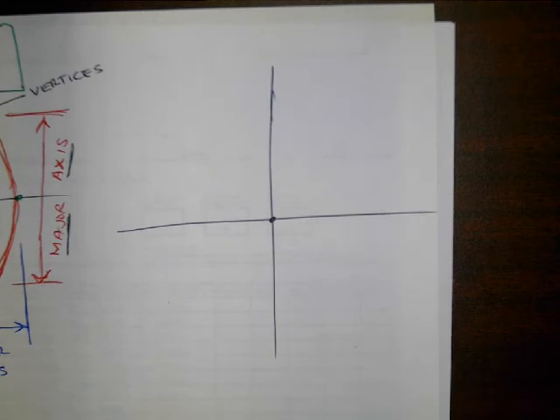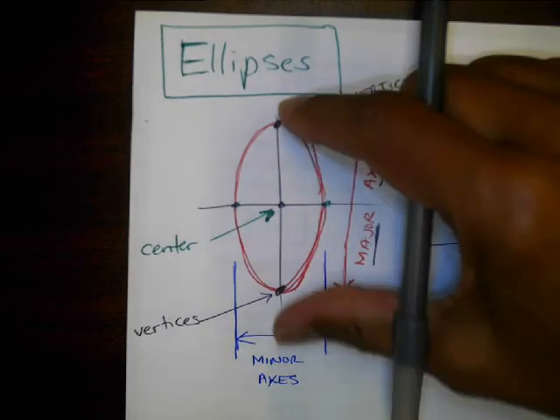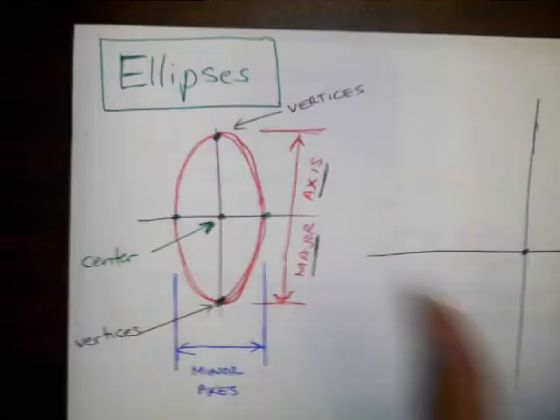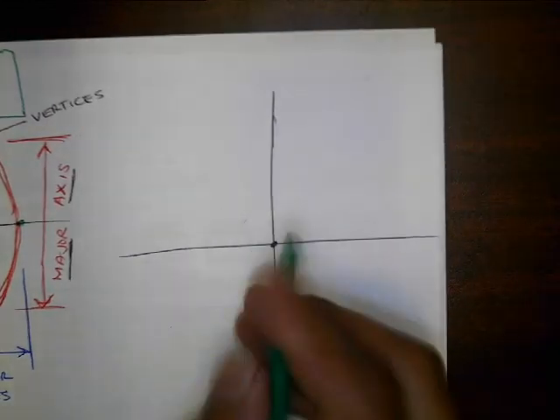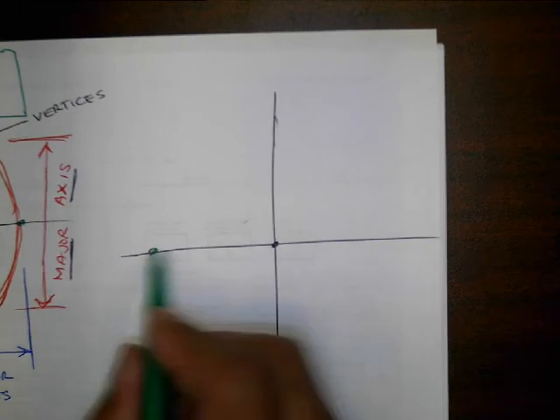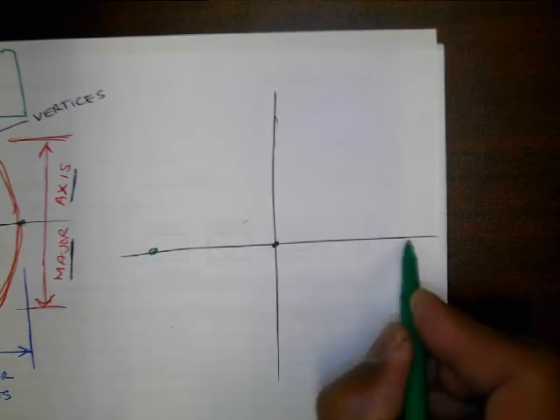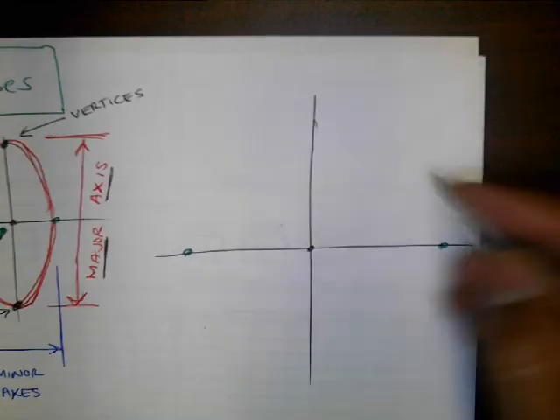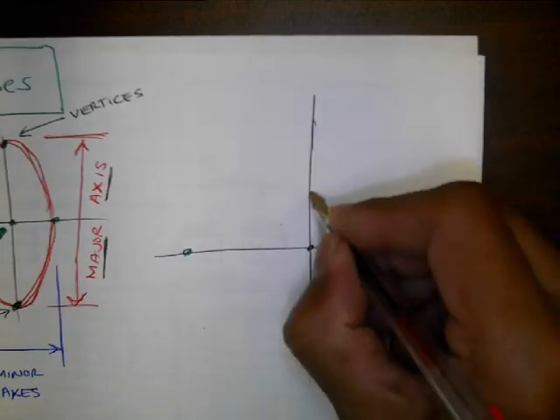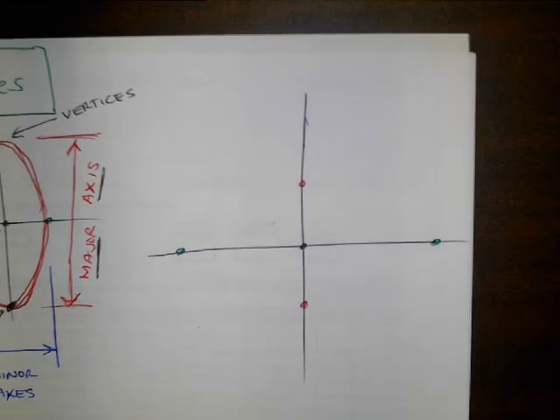So you'll have some ellipses that have the major axis this way, right? So instead of being longer vertically, they're going to have the major axis longer this way. I'm just going to go a little bit longer this way, and whatever the distance this is from the center, it'll be the same distance away this side. And then these will be the minor axis, so these will be a little bit shorter, right?